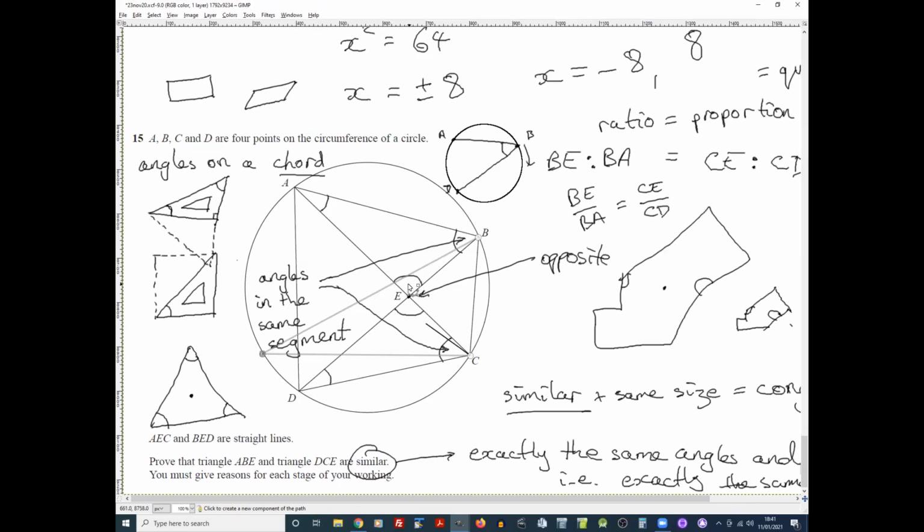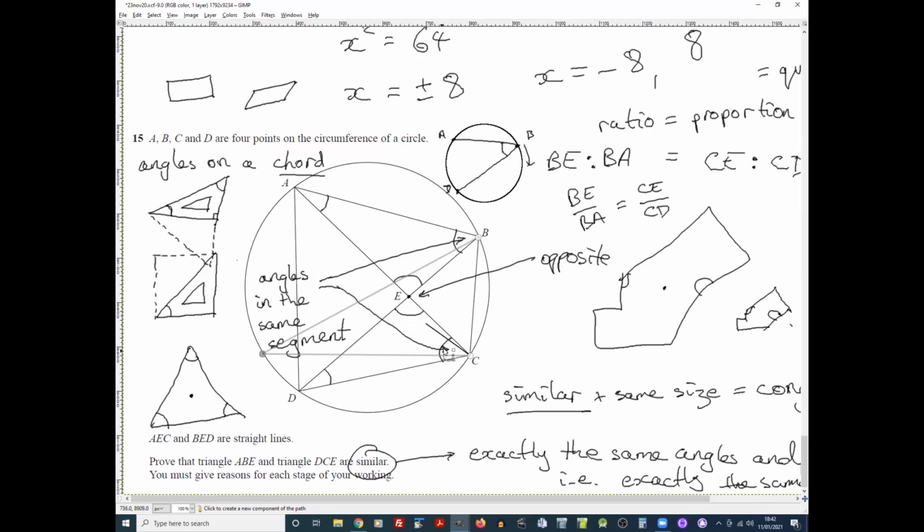Well, we've shown that that angle is equal to that one, haven't we? Yeah. Because they're opposite. And then we've shown that this angle is equal to this angle. So do you agree that this angle plus that angle must be equal to this angle plus that angle? Yes. And then?